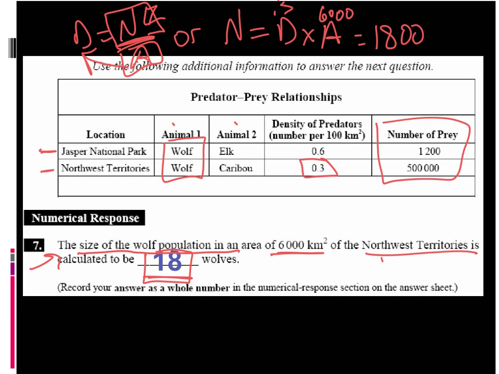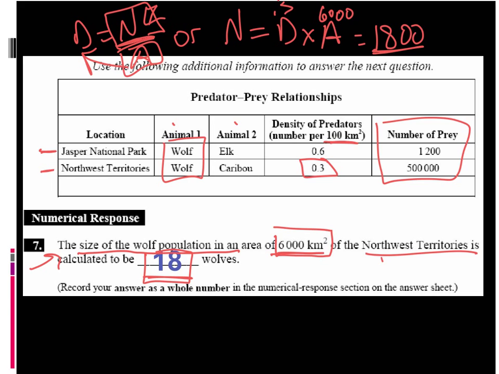A lot of students would probably get that, but a couple things you've got to consider here is we are looking at an area of 6,000 kilometers squared, and our D value, though, is only per 100 kilometers squared. So what do we have to do to this value, our number of individuals?